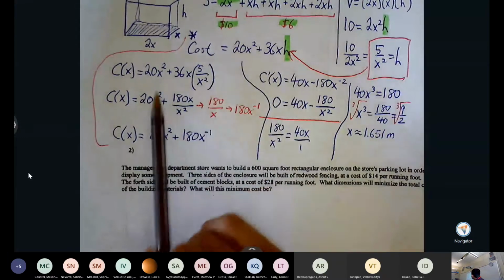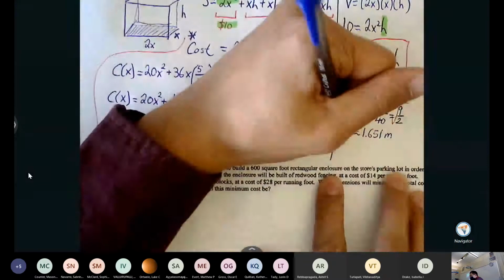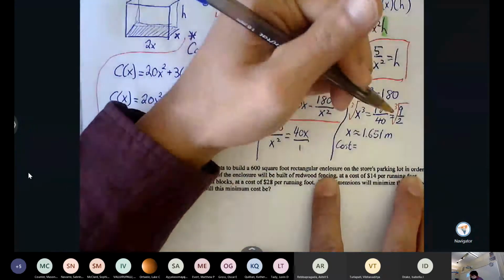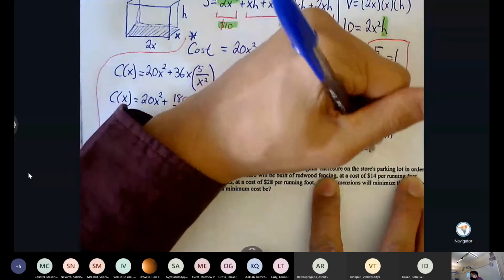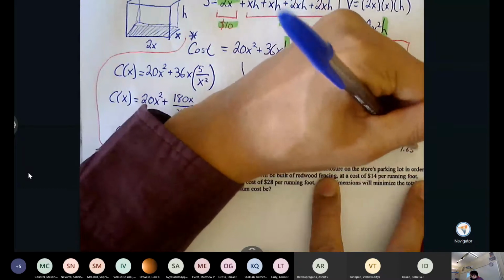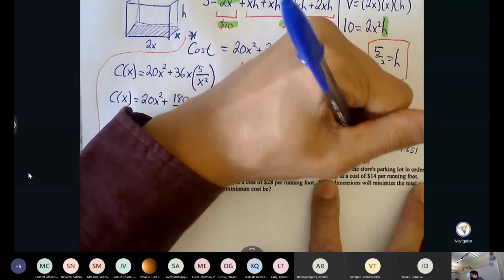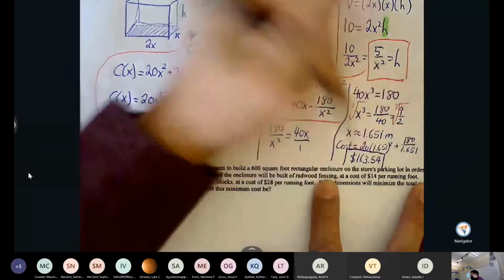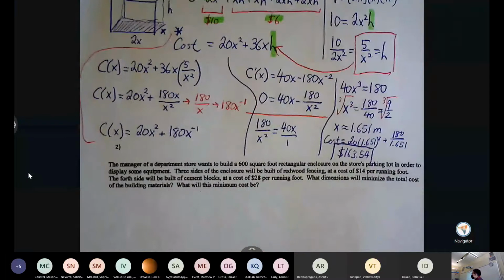We want to plug into one of the cost equations. Okay, any questions there?